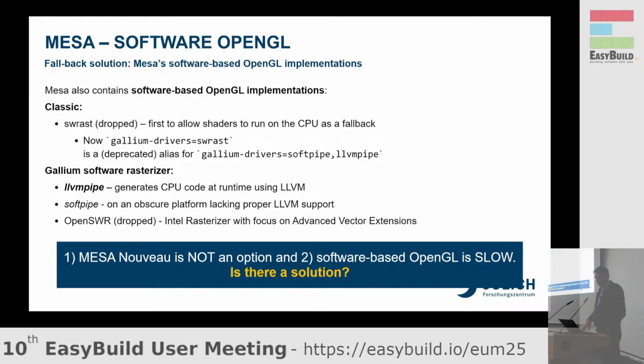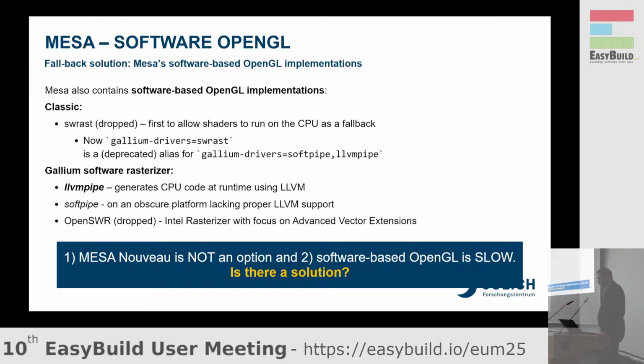There are multiple implementations, and LLVMpipe is the one which is nowadays the standard. Just one comment: SWR is not there anymore. If you try to use it, it always falls back to softpipe and LLVMpipe. There was a quite nice implementation, at least I thought so for our use cases, which was OpenSWR, but that's dropped.